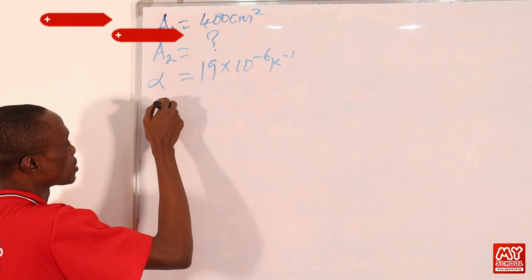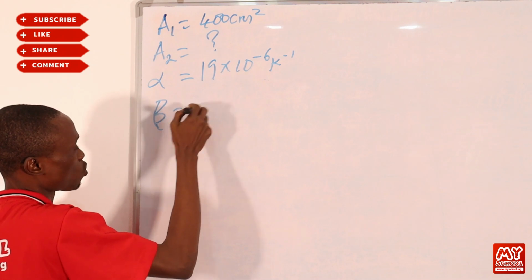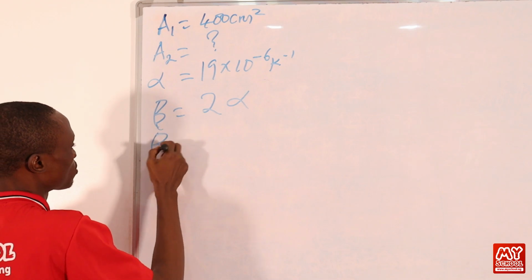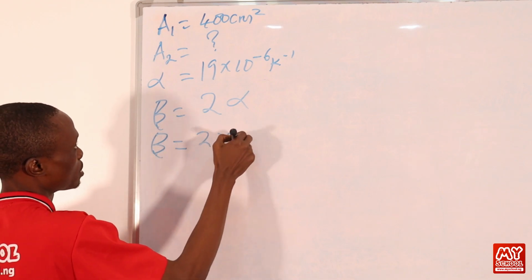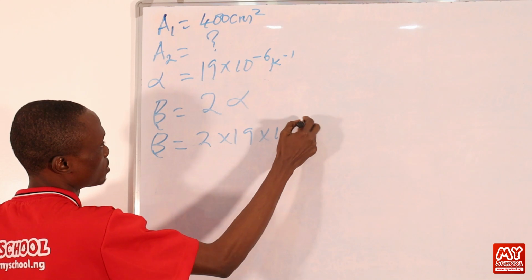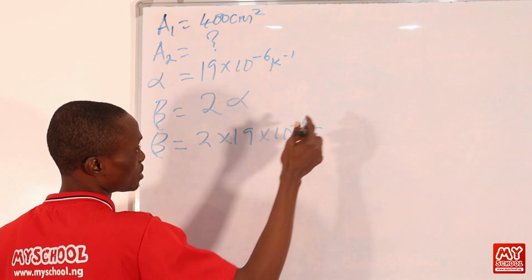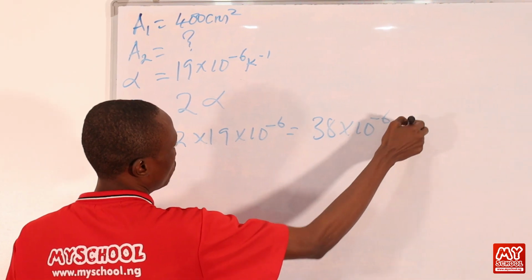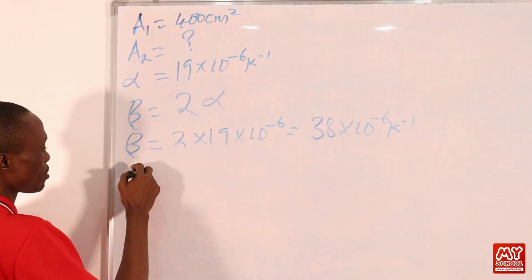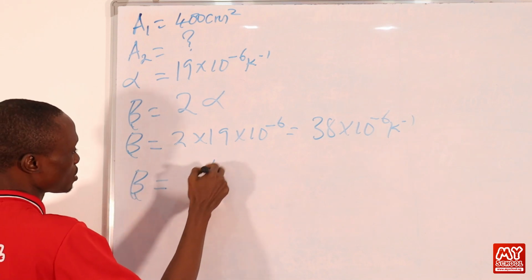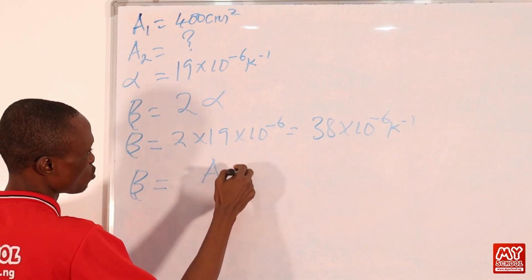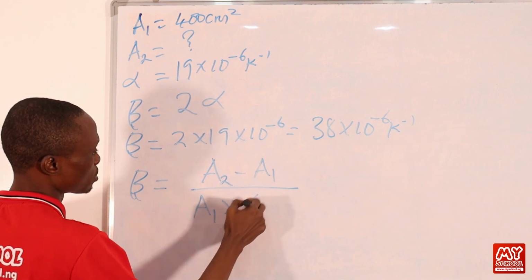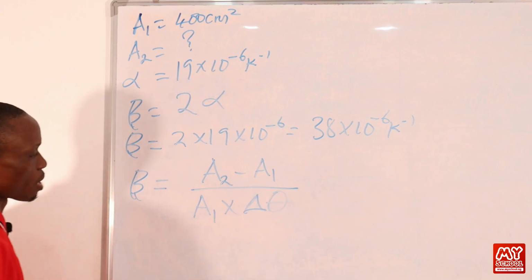Remember that area expansivity is equal to 2 times linear expansivity. So area expansivity is equal to 2 times 19 times 10 raised to power minus 6, and if we multiply this, that will be 38, right? 38 times 10 raised to power minus 6 per Kelvin. But remember that area expansivity is given as the increase in area, which is A2 minus A1, over A1 times the temperature rise, right?